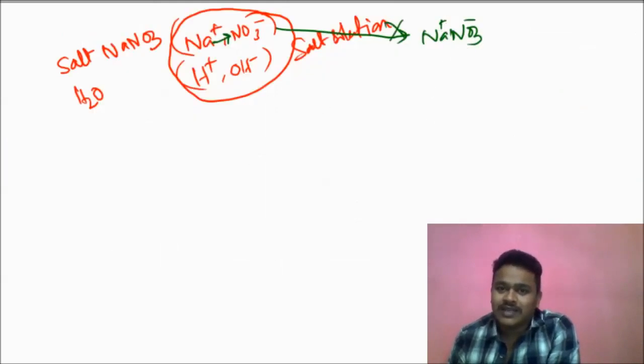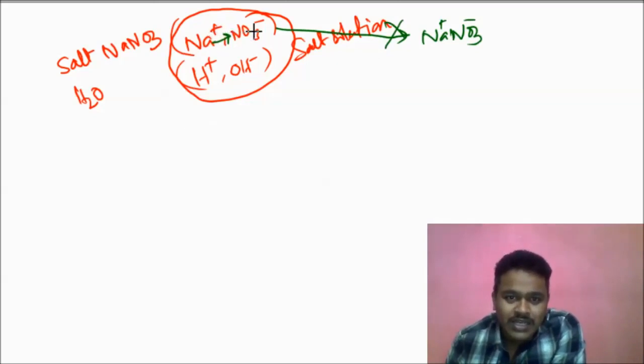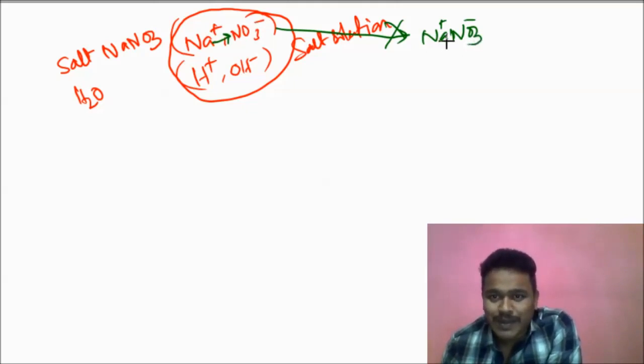That is why this tendency is not possible. Even if it forms, it has to dissociate into Na plus and NO3 minus. That is why this tendency will not happen.